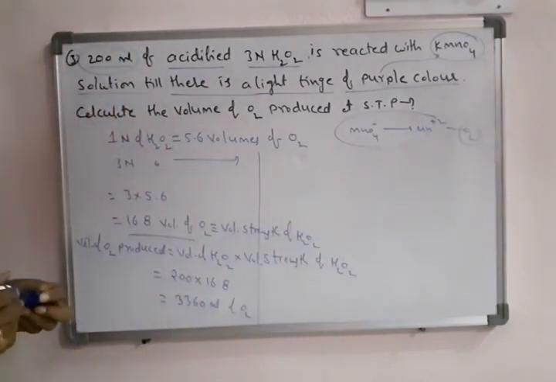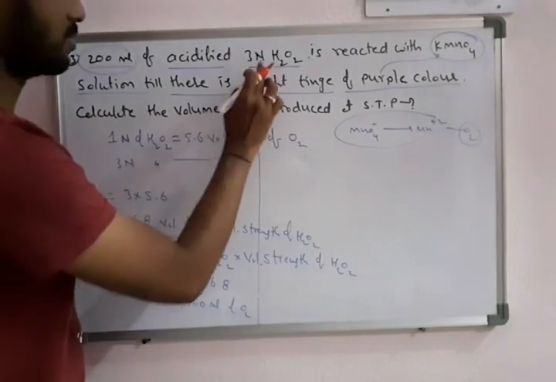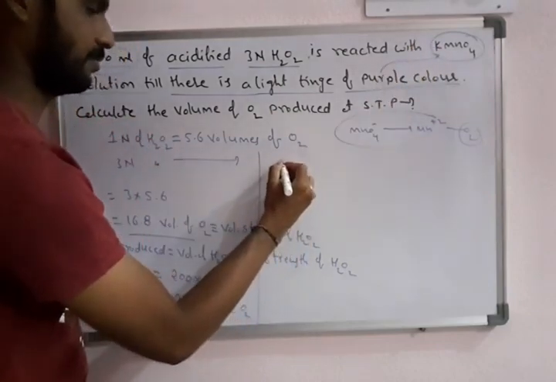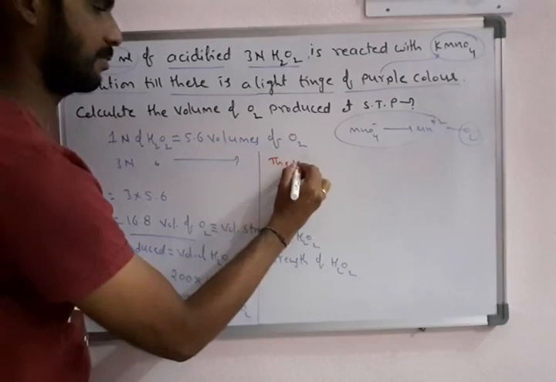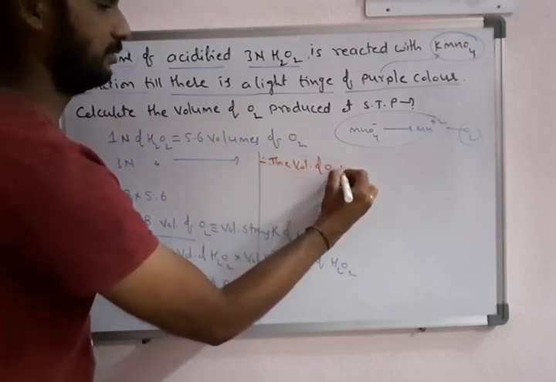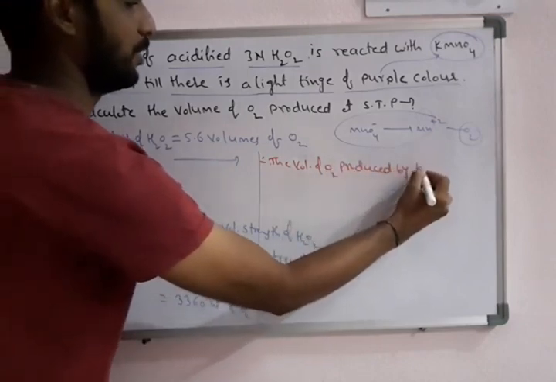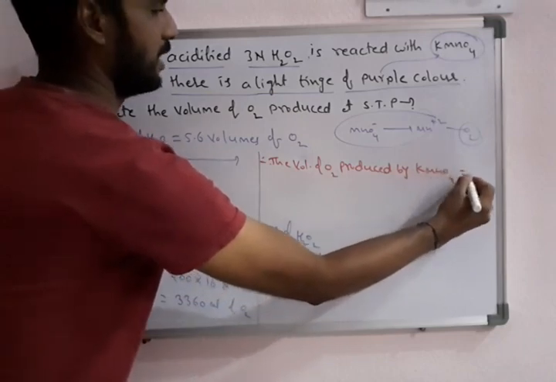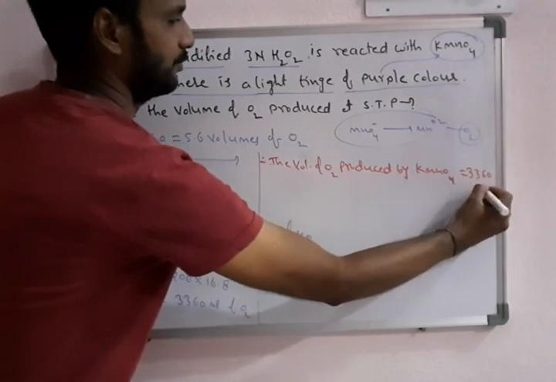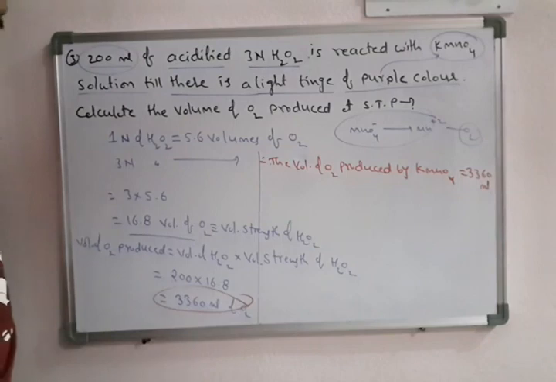And as the milliequivalents of hydrogen peroxide are equal to the milliequivalents of KMnO4, therefore the volume of oxygen produced by KMnO4 is also exactly the same value as the oxygen produced by hydrogen peroxide.